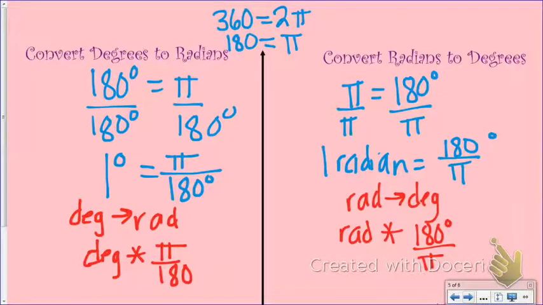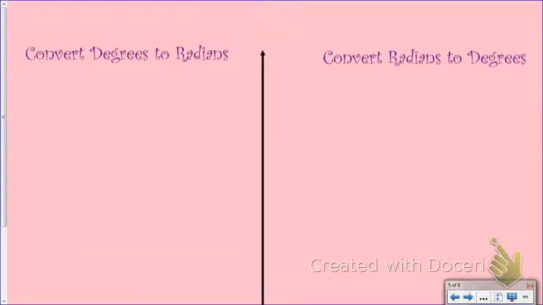So we're going to look at 2 examples, just to make sure that we know how to do both of these, and hopefully by those examples you'll be able to see how it's easy to remember which one goes with which. So let's start by converting degrees to radians. Let's say I have a 90-degree angle, and I want to convert that to radians.